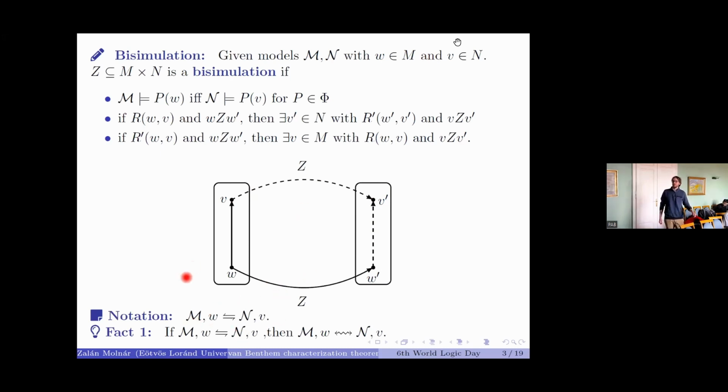And in the next step, I will introduce these notations. This two-headed arrow will indicate the fact that between model M and point w and model N and point v, there is a bisimulation.